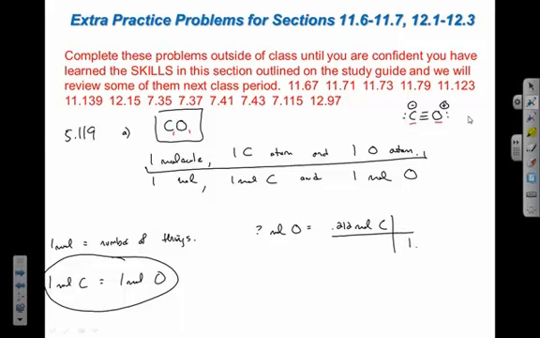But if you have 1 mole of carbon for every 1 mole of oxygen, because the ratio is 1 to 1, then those units cancel and you have 0.212 moles of oxygen that you need to combine with an equal number of moles of carbon to make a compound with the ratio of 1 carbon to 1 oxygen.